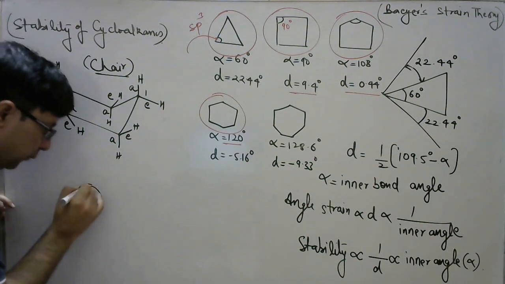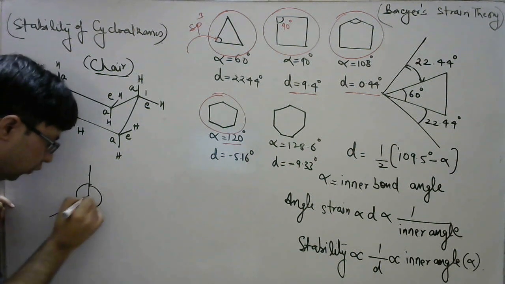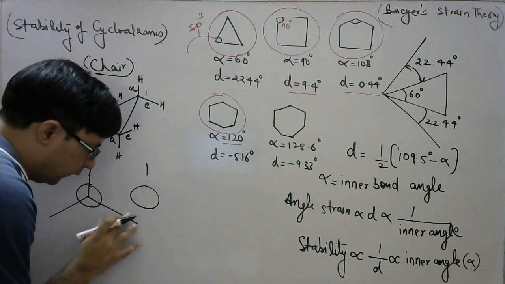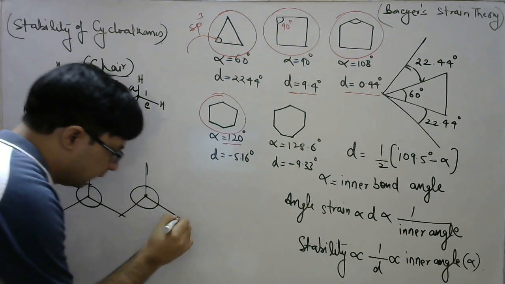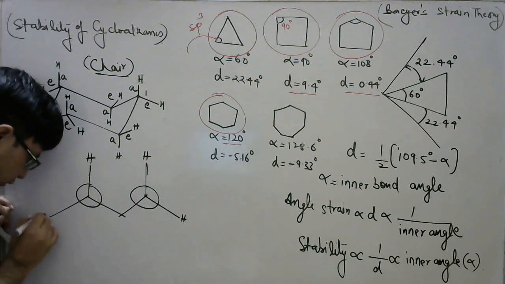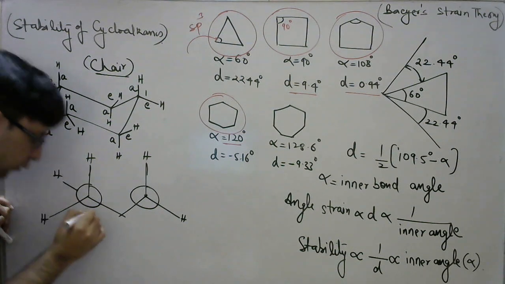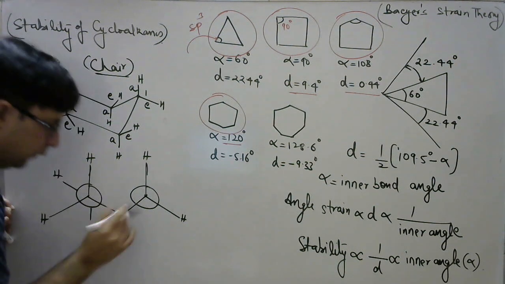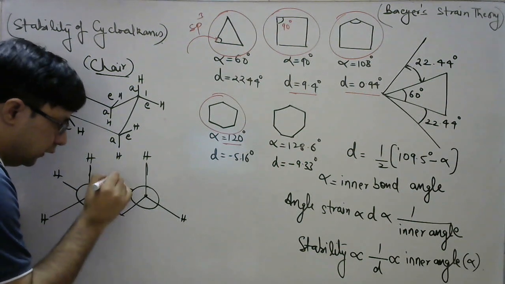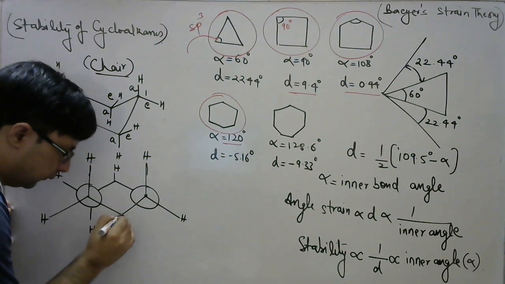If I tend to draw the Newman projection of the molecule, you can see in this case this hydrogen atom, this hydrogen atom, this, and in this case this will also be the hydrogen atom.